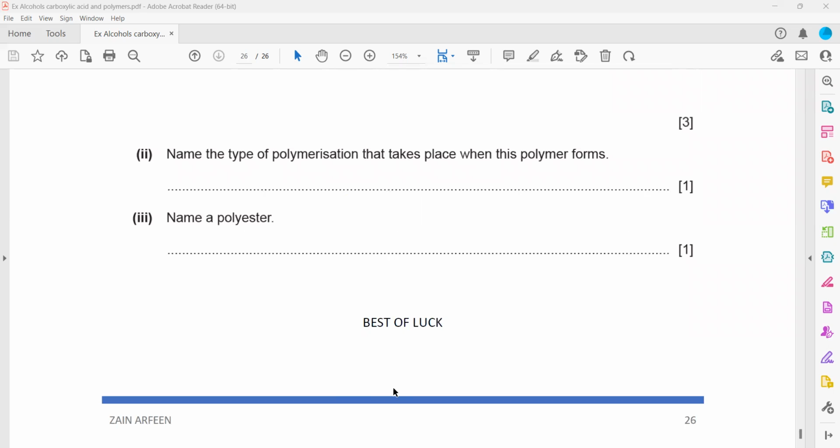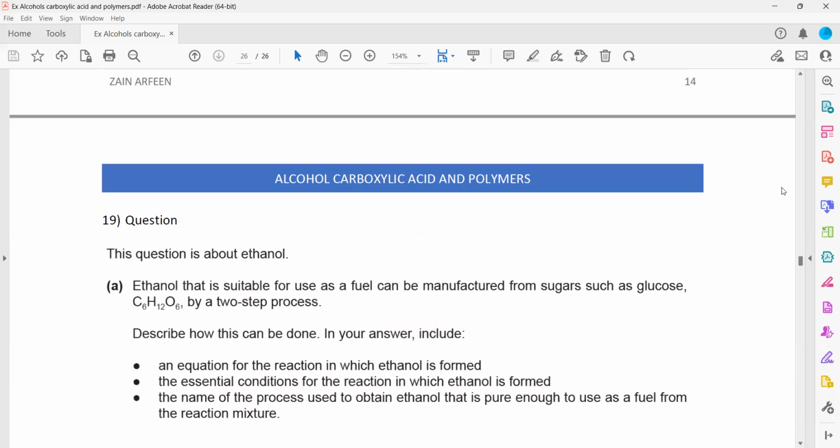Condensation polymerization, and PET. So condensation polymer and PET. So this was the whole exercise related to the polymerization of alcohols and carboxylic acids.